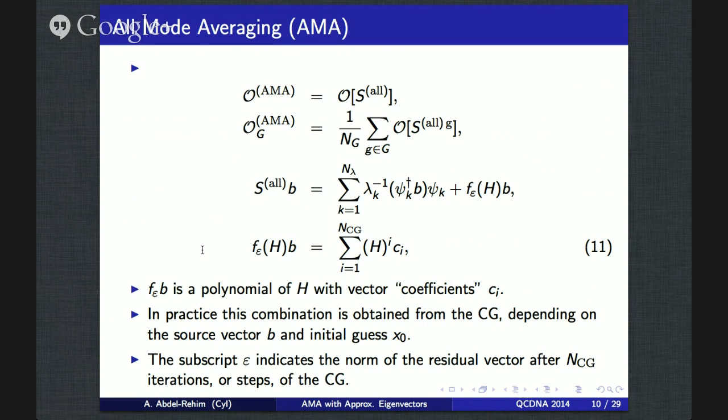Now, in a sense, this could be very much similar to any of the deflation methods or multigrid methods. So basically, you try to approximate the low eigenmodes to a certain degree, and then the high eigenmodes you get from your preconditioned solver.